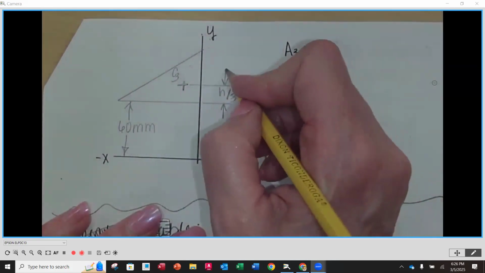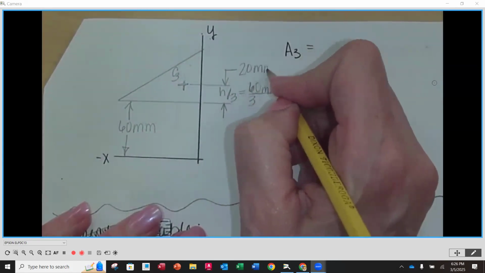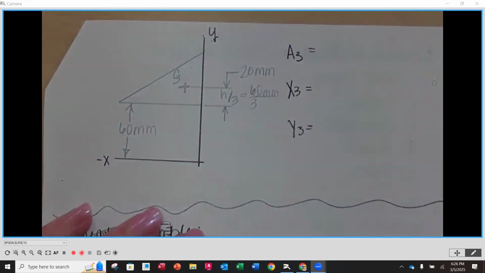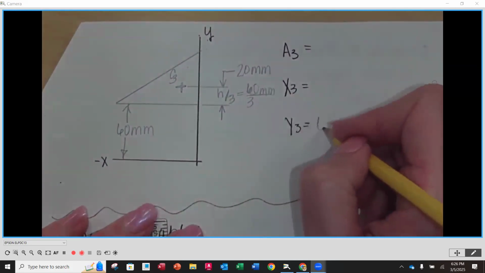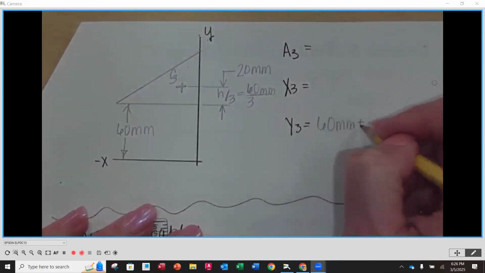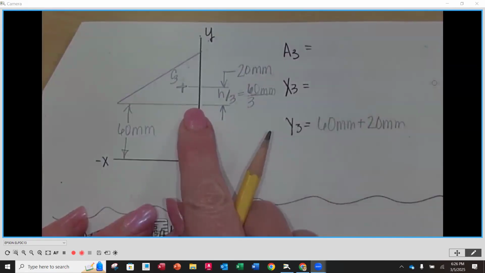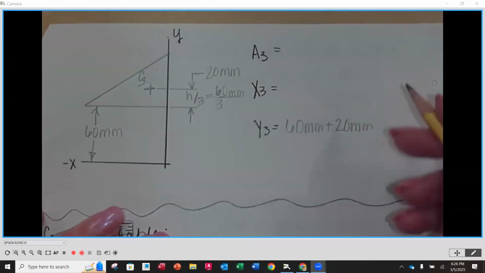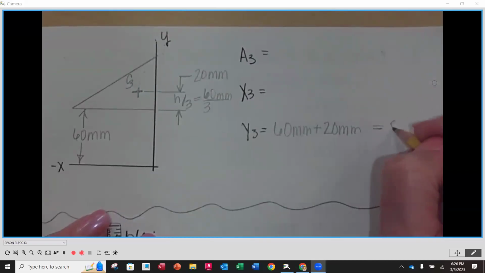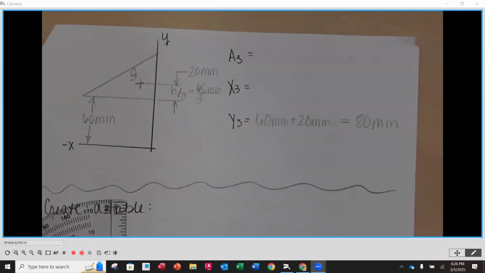So this distance right here is going to be 20 millimeters, right? That is not Y3 yet. Y3 is going to be 60 millimeters plus 20 millimeters, right? 60 to the bottom of the triangle, and then another 20. So 60 plus 20, Y3 is 80 millimeters. See that?